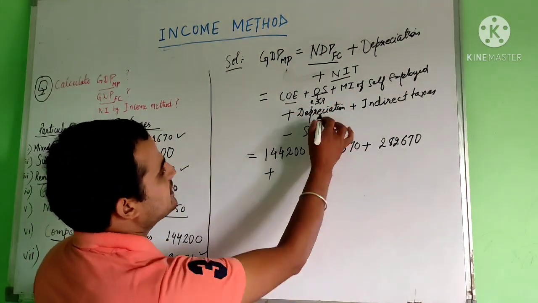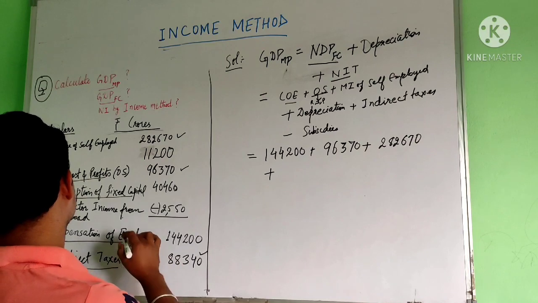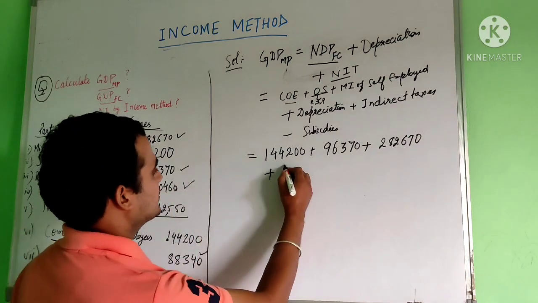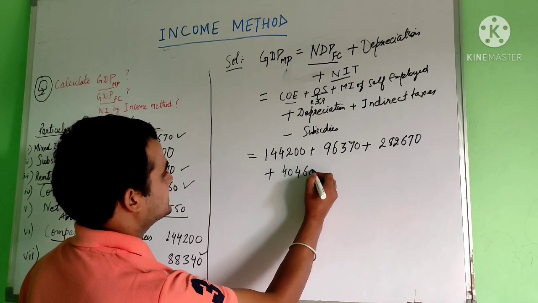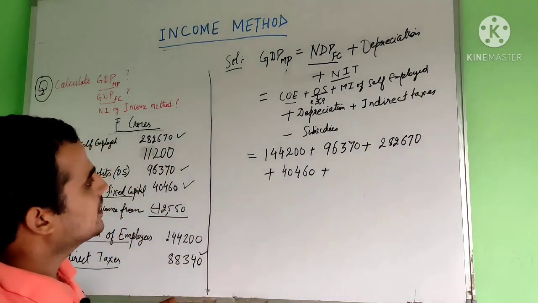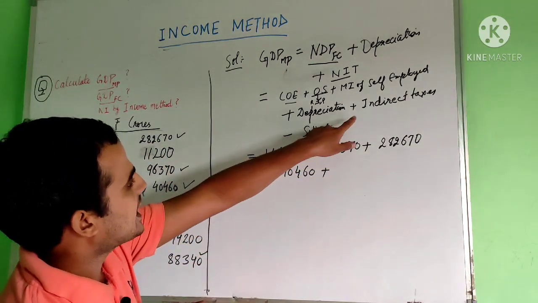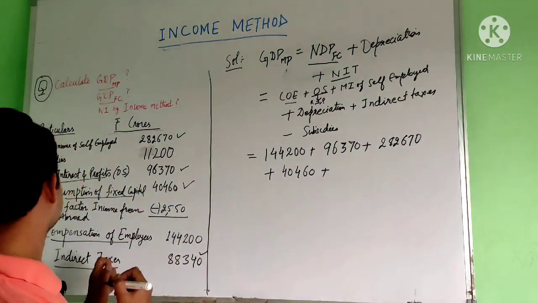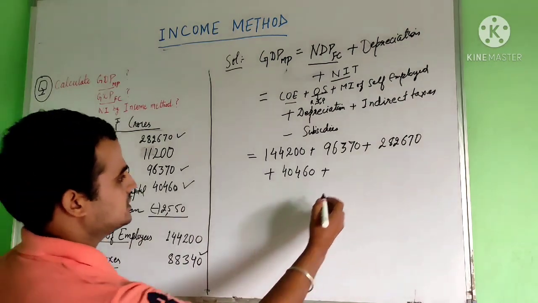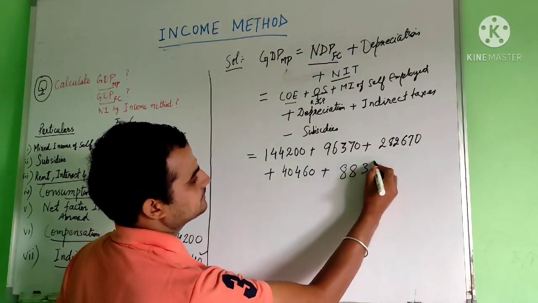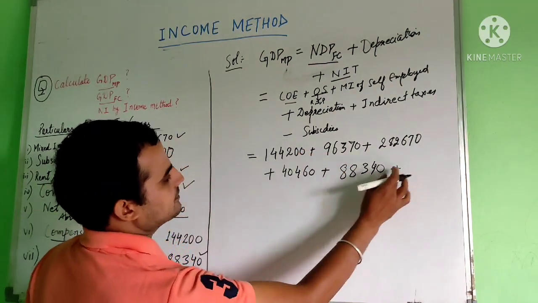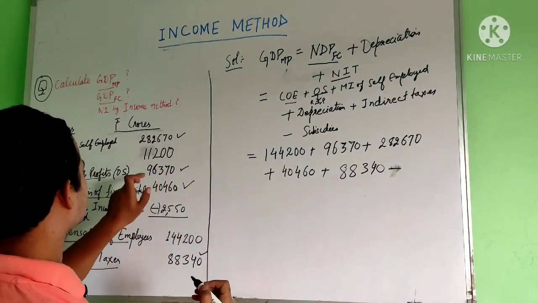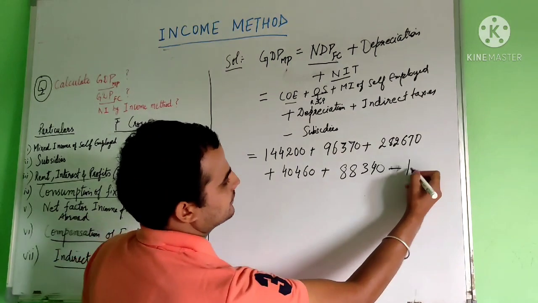Plus depreciation is already given. Depreciation means consumption of fixed capital, which is 40,460. Plus indirect taxes, which are already given, 88,340, minus subsidies, which are also given here, 11,200.